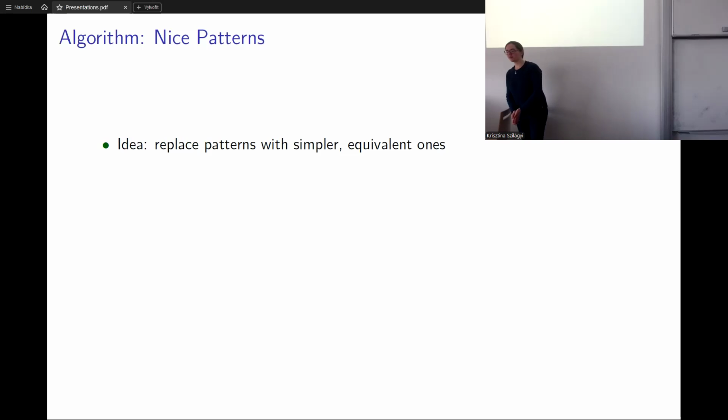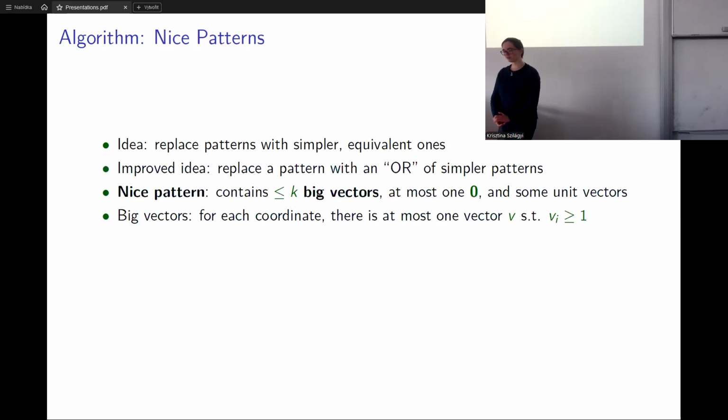So what is our idea? Why do we need all these notions of equivalences? Well, basically what we want to do is replace these patterns, these multi-sets of vectors, with some simpler ones that behave the same. So what are these simple patterns that we want to work with?